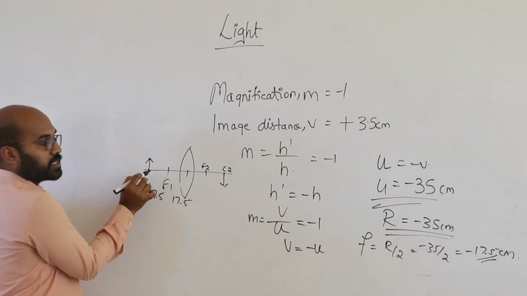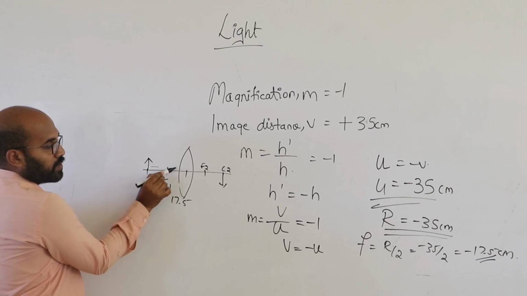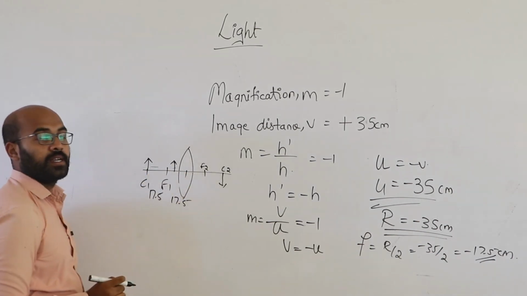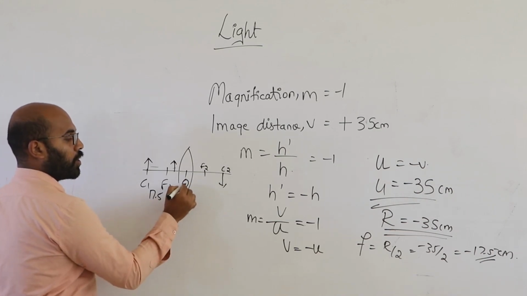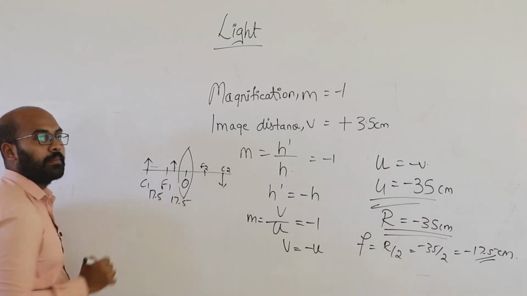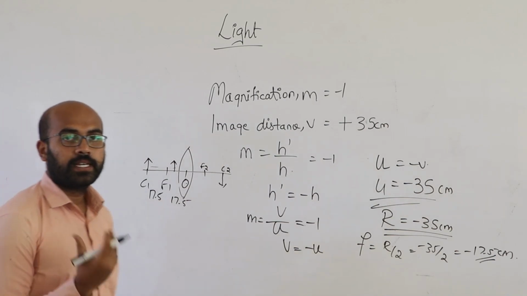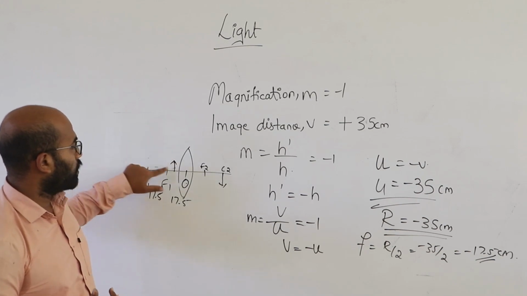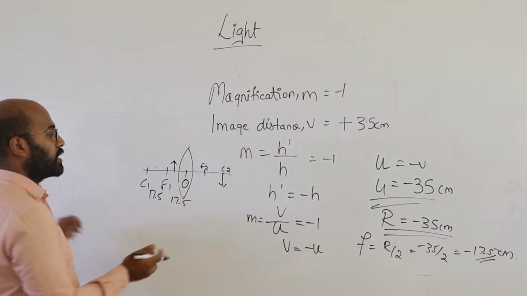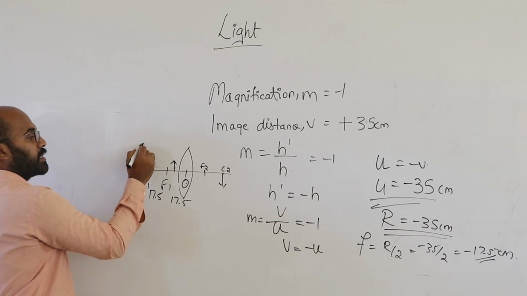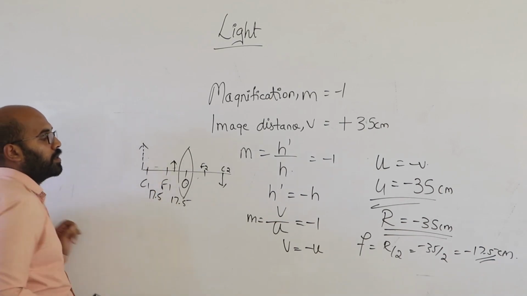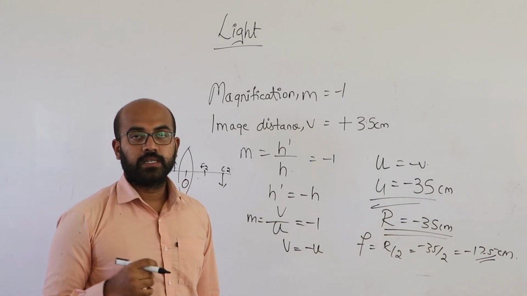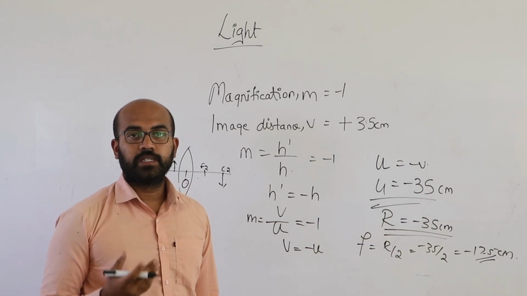The object will be placed somewhere here, between the optical center and the principal focus. So what will be the nature of the image? When I place an object between the optical center and principal focus, the image will be formed behind the object. So it is virtual and erect.